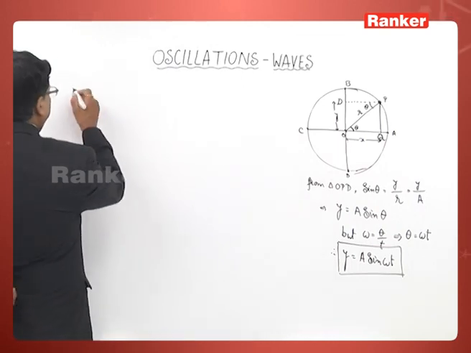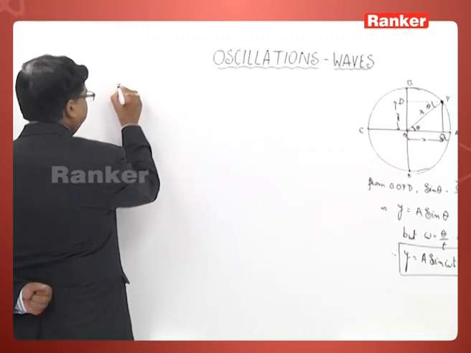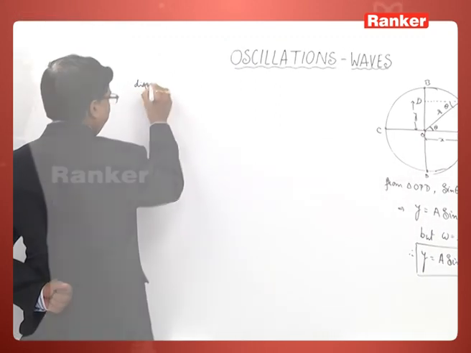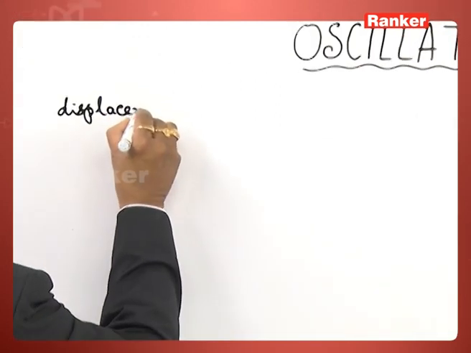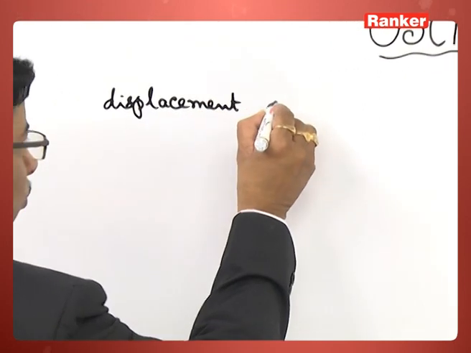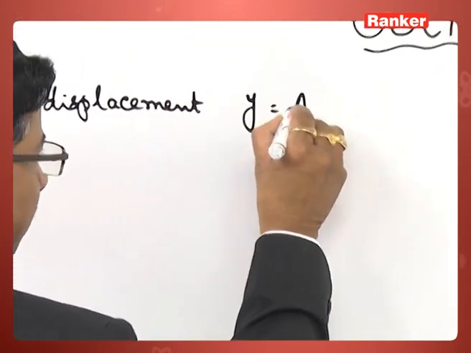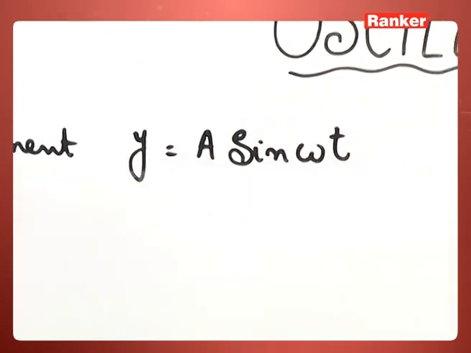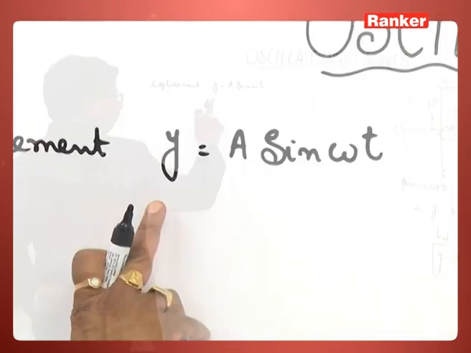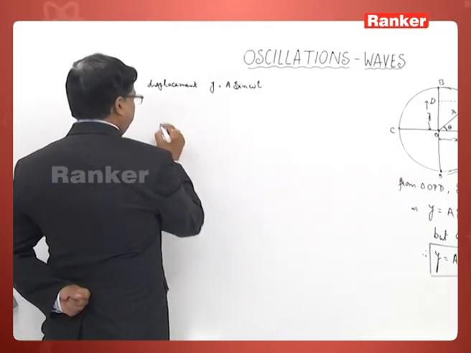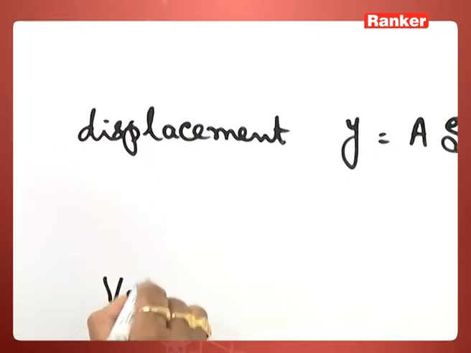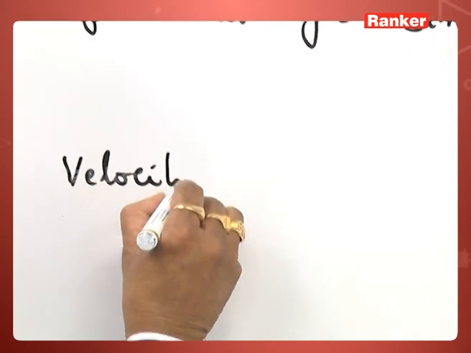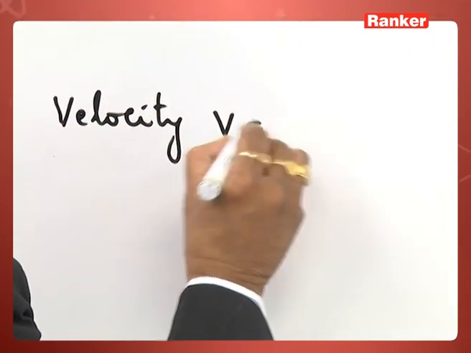Let us write here, I just take up first displacement. Y is equal to a sin omega t. When the displacement equation is given this way, what would be the equation for its velocity?